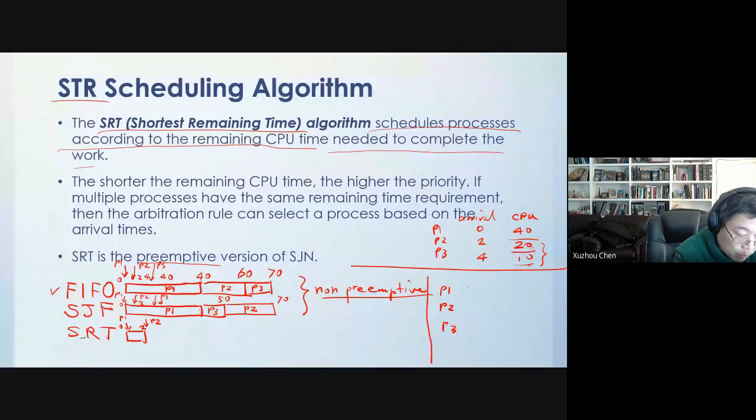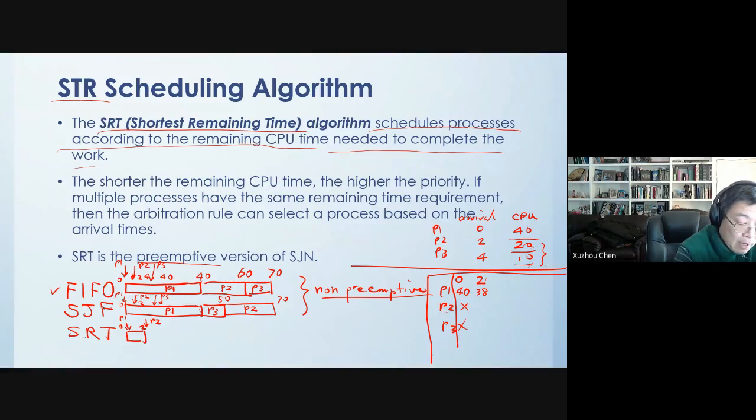In this case, we need to build a table. At time 0, process 1 arrives and has a CPU time of 40. The other processes are not available at this time. Now at time 2, things have changed. What's the remaining time for process 1 at time 2? 38, because process 1 has been executed for 2 time units.